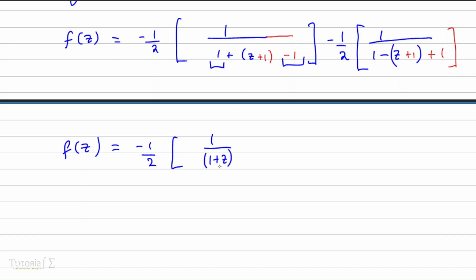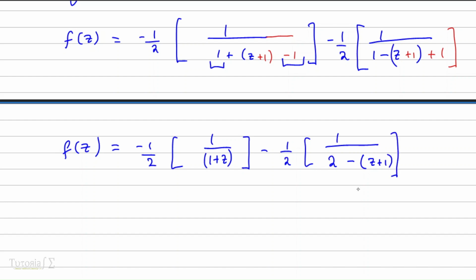Then here we have -1 over 2, so these will add, and it will be more like 1 over 2 minus z plus 1.